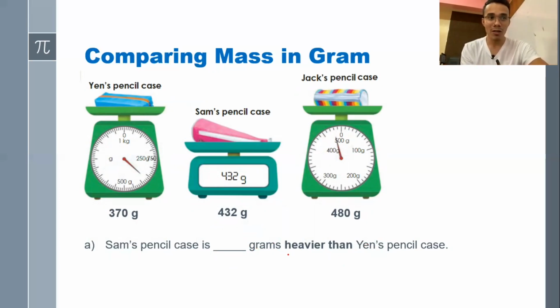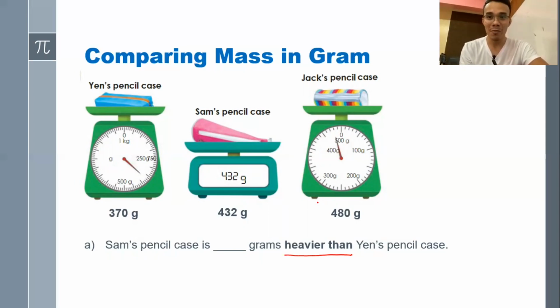It's because of heavier than. And remember grade 2, when you are comparing objects, comparing two numbers, you are going to subtract these numbers, right? So, our goal in letter A is to find what these numbers are.